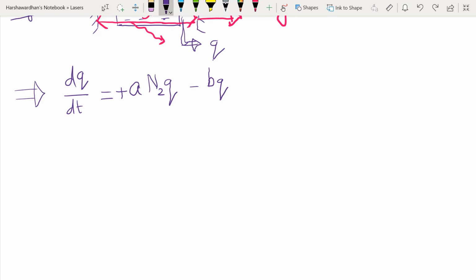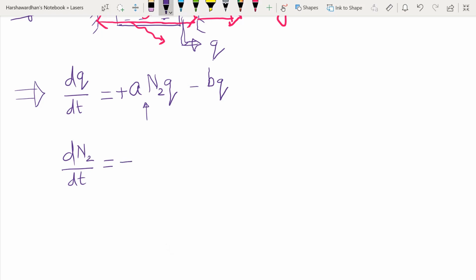Right. So I'm again writing down a first order differential equation, dN2 over dt, which tells me how the number of atoms in the excited state are changing in time. Obviously, if the atoms, because of stimulated emission, contribute to the generation of cavity photons, then at the same time, because of the generation of the cavity photons, the number of atoms in the excited state decreases because of stimulated emission.